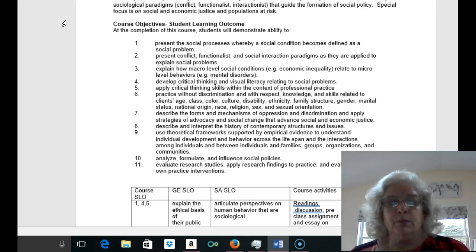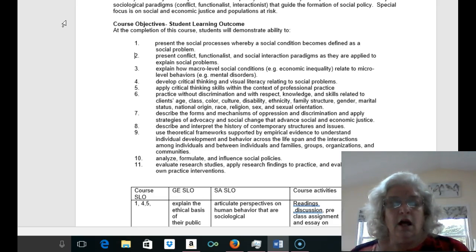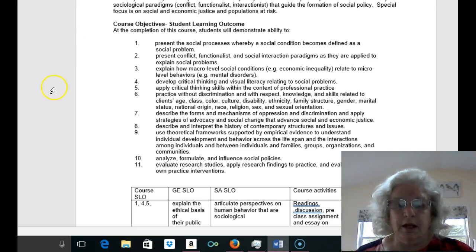We look at especially issues of discrimination based on race, class, culture, family structure, gender, marital status, all of those things coming into place. And so we're really, especially in this course, looking at how individual groups have social problems tied to them and how they react to those social problems. And we'll look at the social policies that come into place.